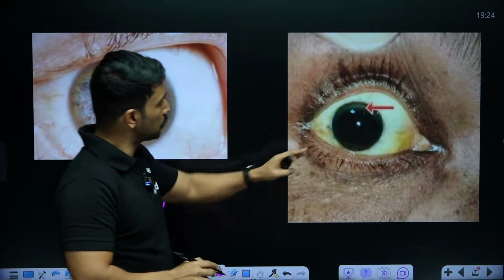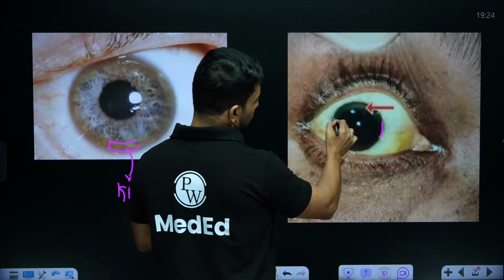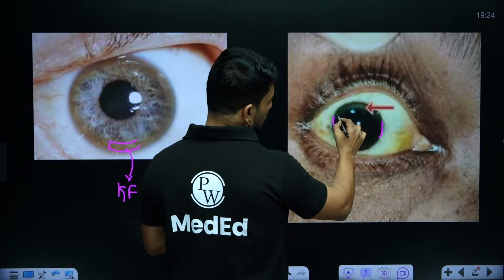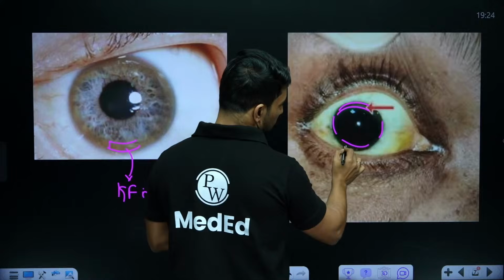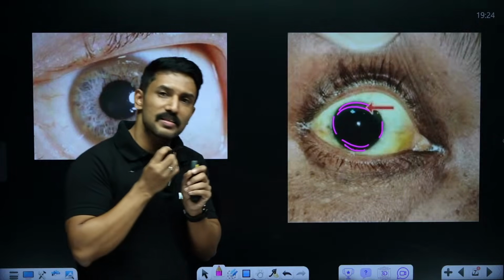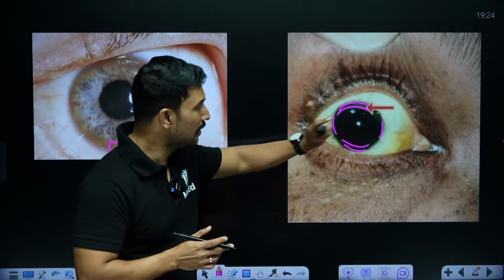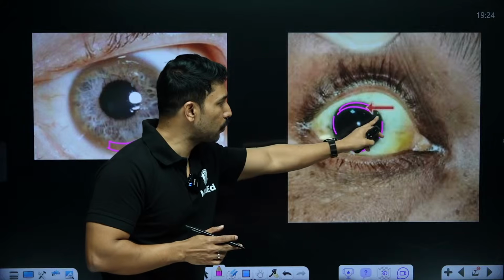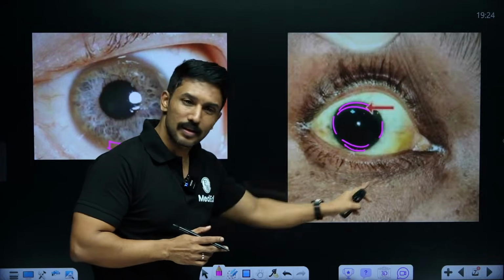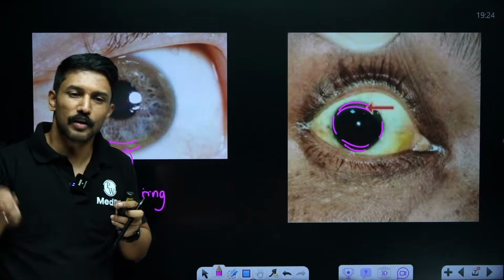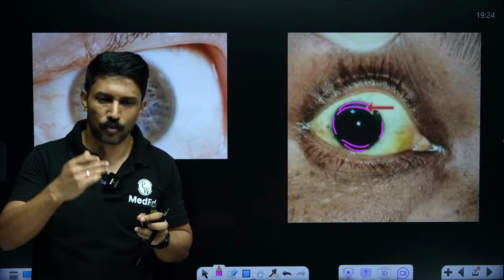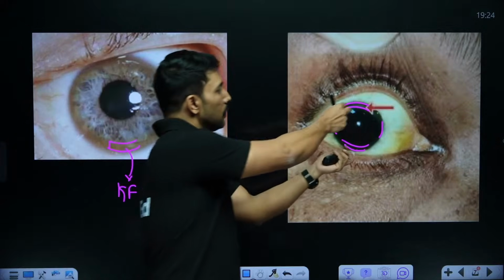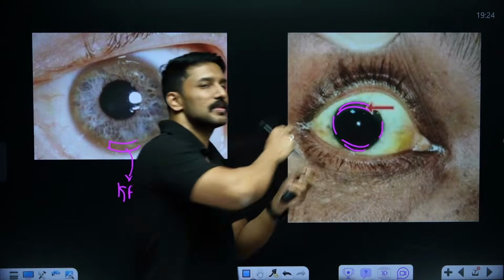But in the other picture, on the lateral sides, you're not seeing the ring. You are only seeing it in the limbus. I have already told you the earliest site where copper deposition happens is the limbus, and as time progresses, the circle becomes complete. So you don't see the full circle from the beginning.